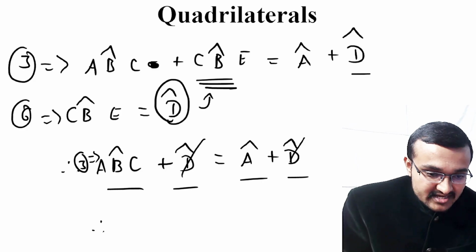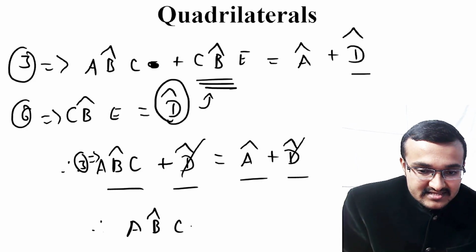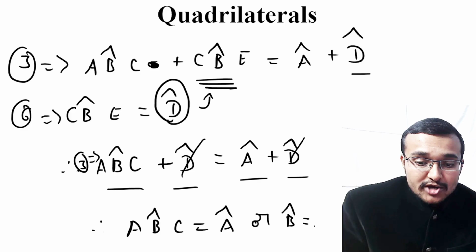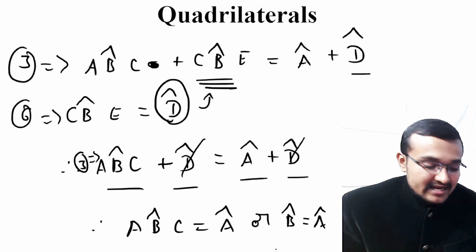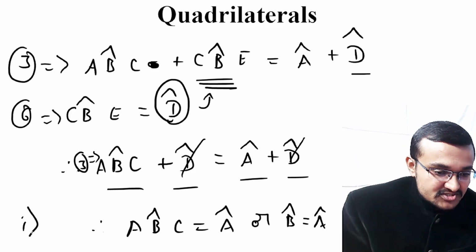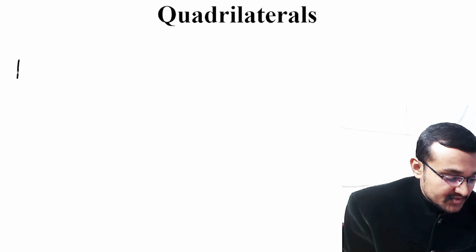Therefore ABC is equal to A, or you can write angle B is equal to angle A. So this is what they had asked in the first question, and we have proved that.